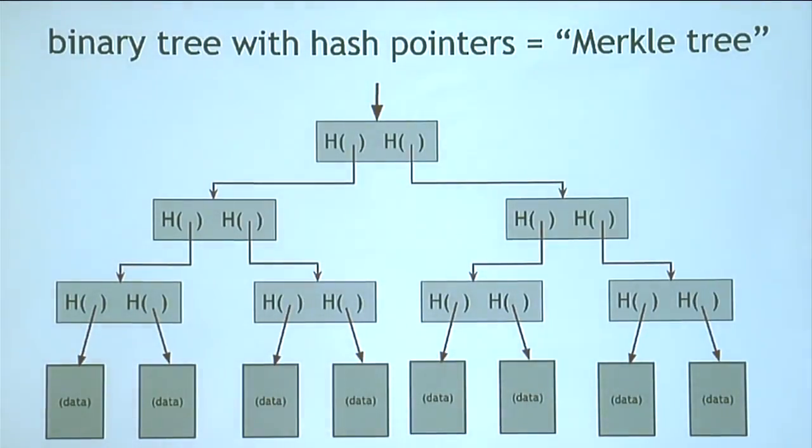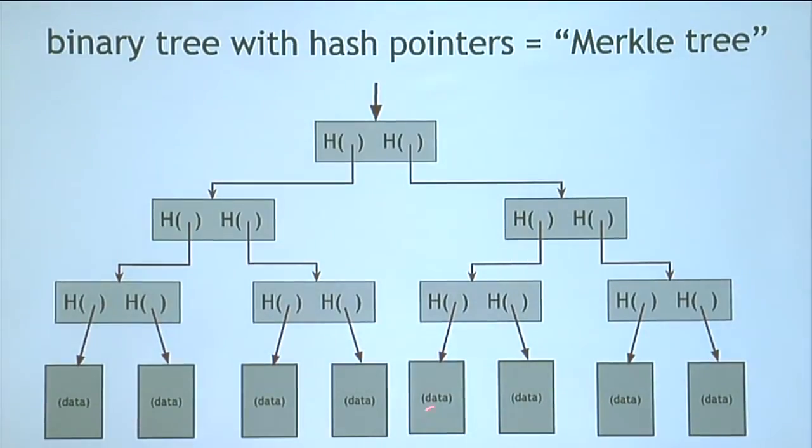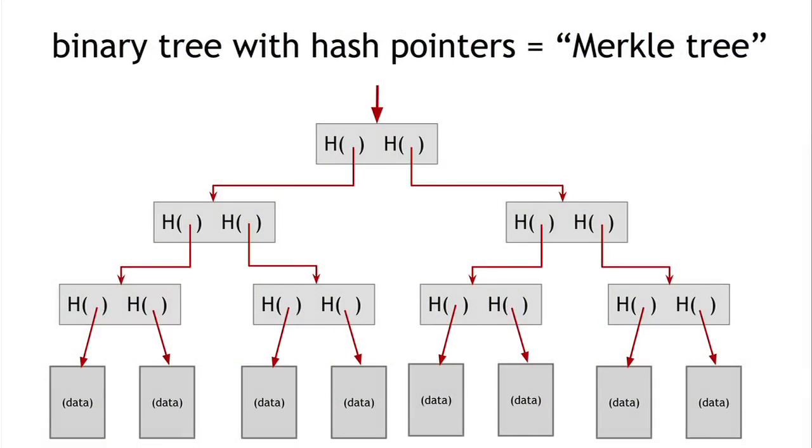Because just like I showed you with the blockchain, if an adversary tampers with some block down here at the bottom with the data, that will cause the hash pointer that's one level up to not match, so he'll have to tamper with that, and therefore he'll have to tamper with the hash pointer one level up from there, and therefore he'll have to tamper with the hash pointer one level up from there, and eventually he'll get up to the top where he won't be able to tamper with the hash pointer that we've remembered. So again, any attempt to tamper with any piece of data across the bottom will be insured against by just remembering the hash pointer at the top.